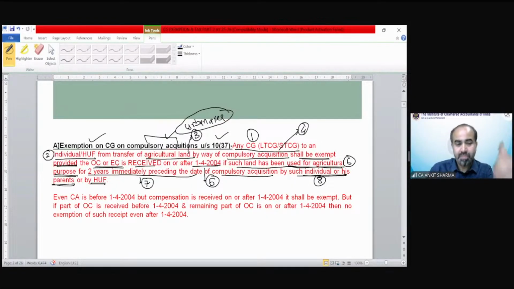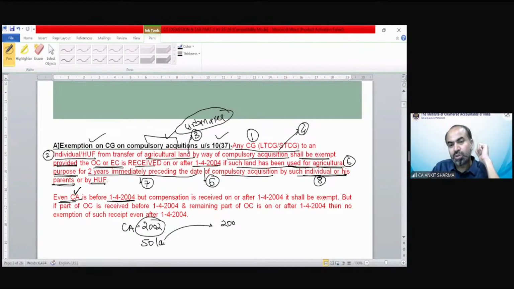Now, some clarification. The clarification says even if the compulsory acquisition, CA, is before 1st April 2004, the provision says: suppose compulsorily acquired in 2002 and decided compensation 50 lakh and compensation received in 2005, so exemption would be available.